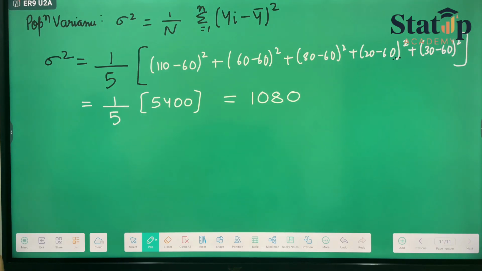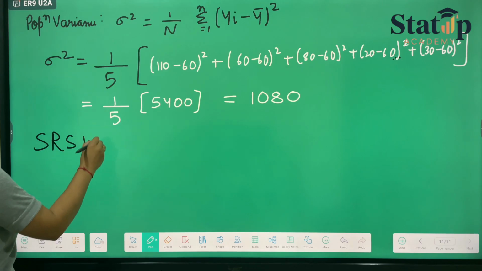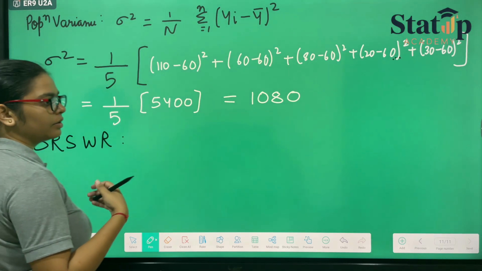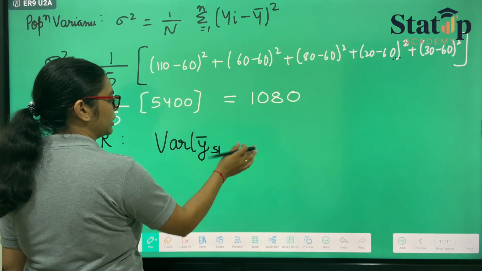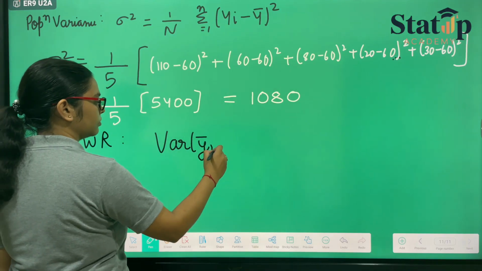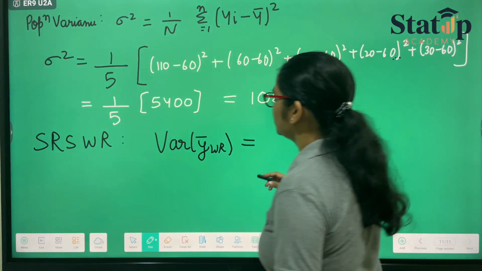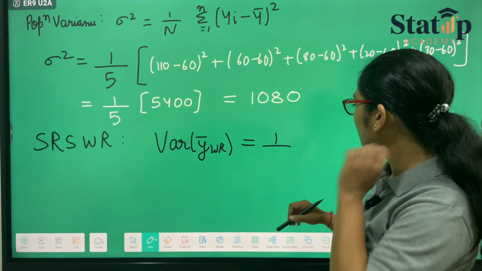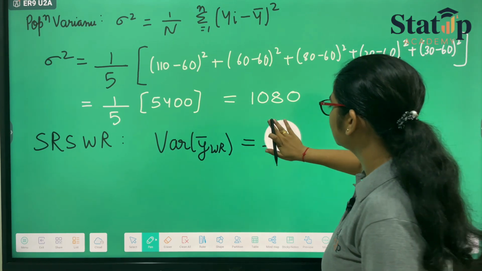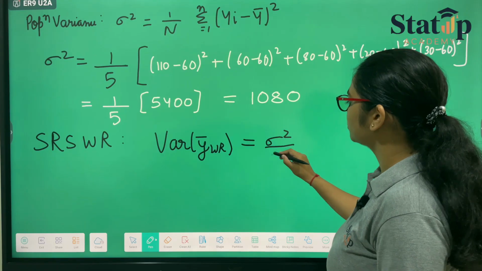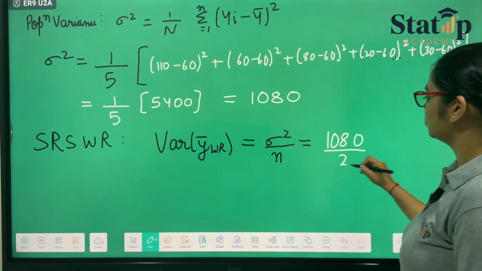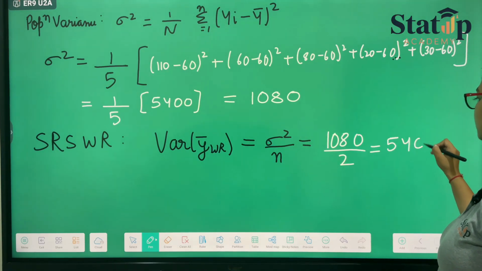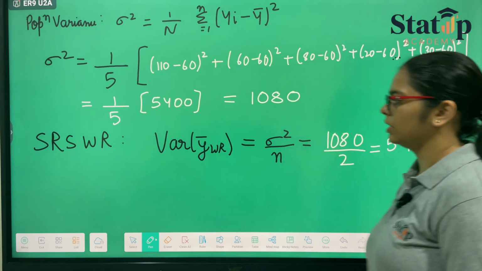Now for simple random sampling with replacement, we will find the variance of y bar with replacement, which is nothing but sigma square upon small n. Now sigma square we have calculated is 1080 and small n is 2. So it will be 540. This will be the value for simple random sampling with replacement.